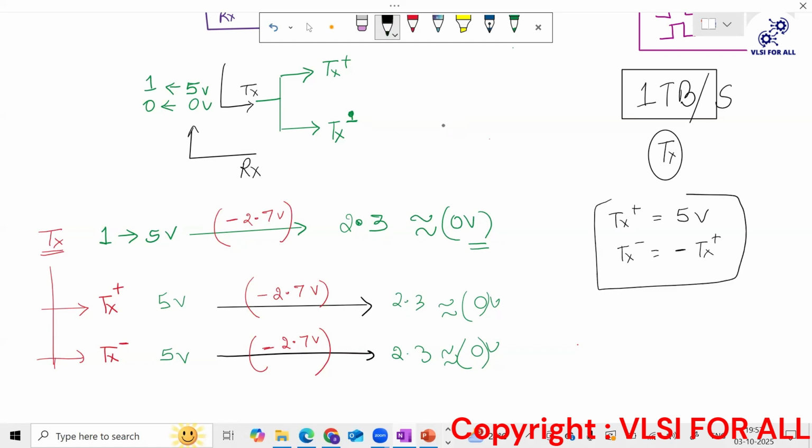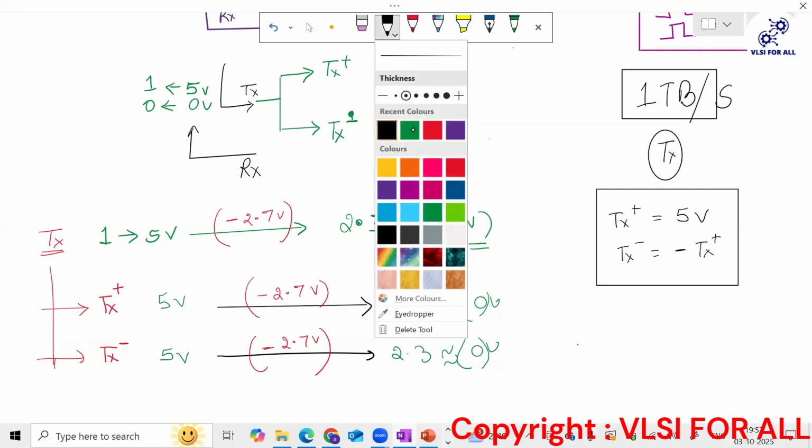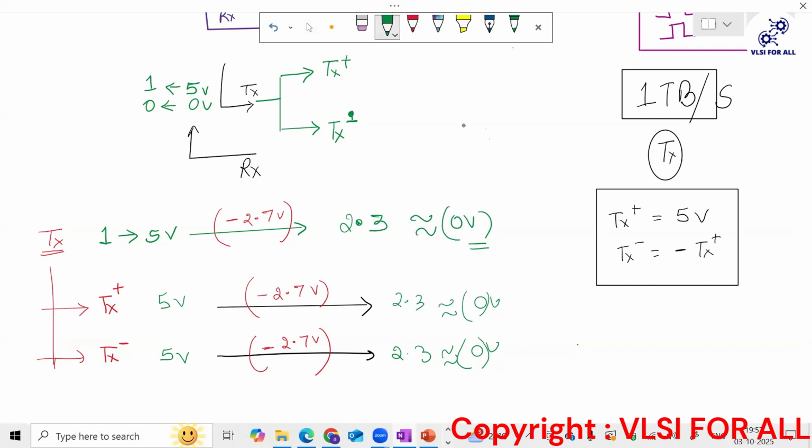Whatever TX plus is, TX minus is its minus. So here I will say this is 5 volt and this is minus 5 volt. So TX minus is nothing but a negative version of TX plus, whatever it is.